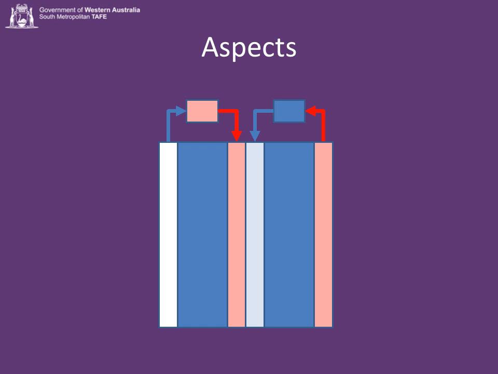The east side of the building is getting really, really hot. So we're taking hot air away from the east side because the sun is blazing in through those windows and those windows are getting hot. They get hot very quickly. So we're taking hot air out of that, we're madly cooling it in the air handling unit and we're sending it back to the east side of the building.